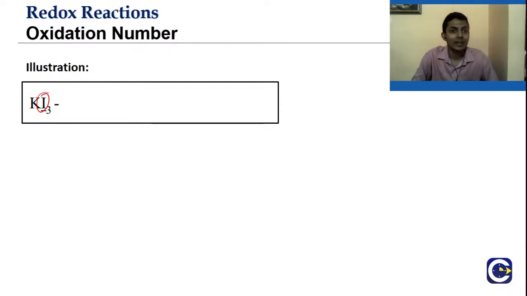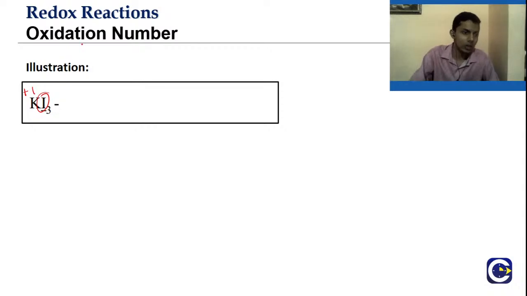Again, the same rule. Remember that group 1A and group 2A will always have oxidation number of +1 or +2. But halogens other than fluorine can have different oxidation states also.